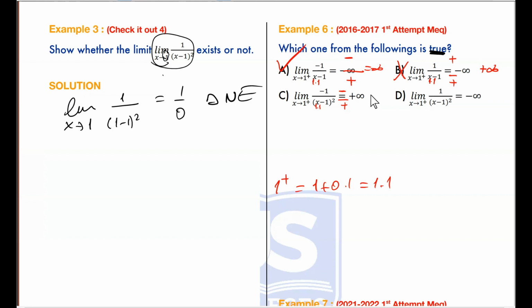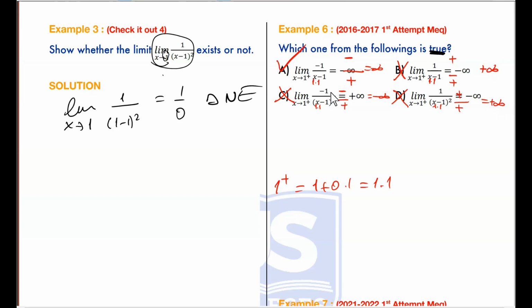Negative over positive is supposed to be negative infinity, not positive. So it's also false. Last option, 1. The sign is positive. 1.1 minus 1 squared is also positive. Plus over plus makes positive infinity, not negative. It's also wrong. So my correct answer is A.